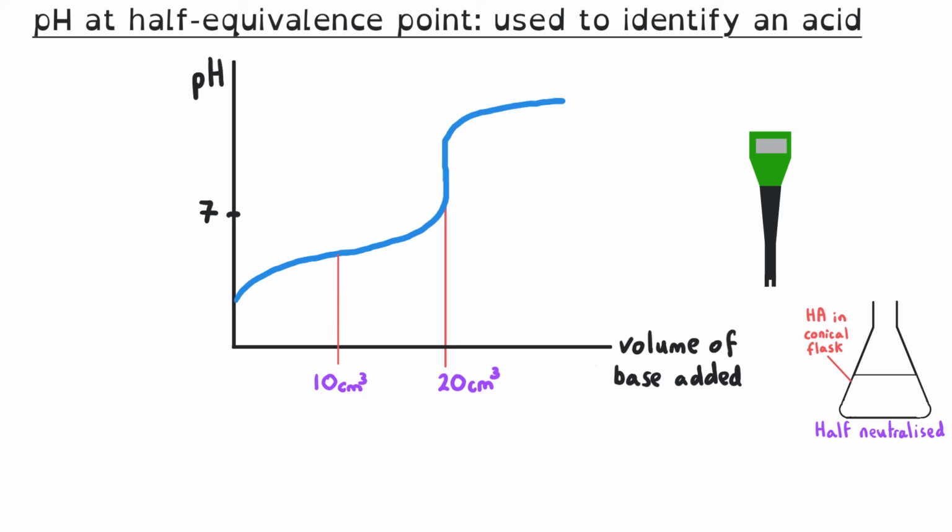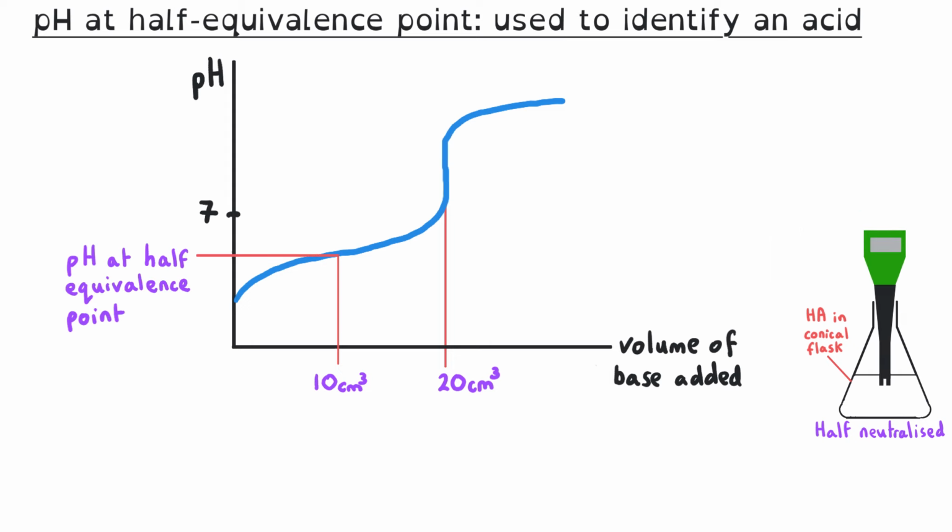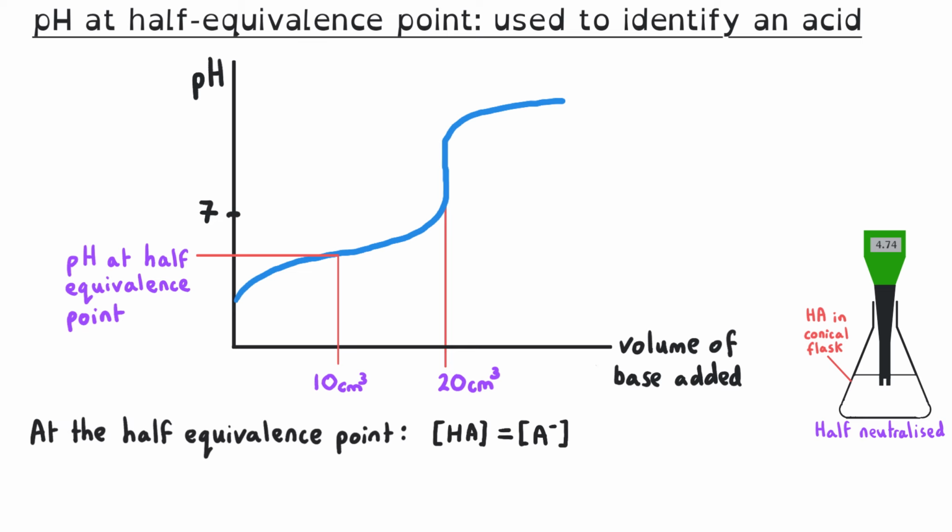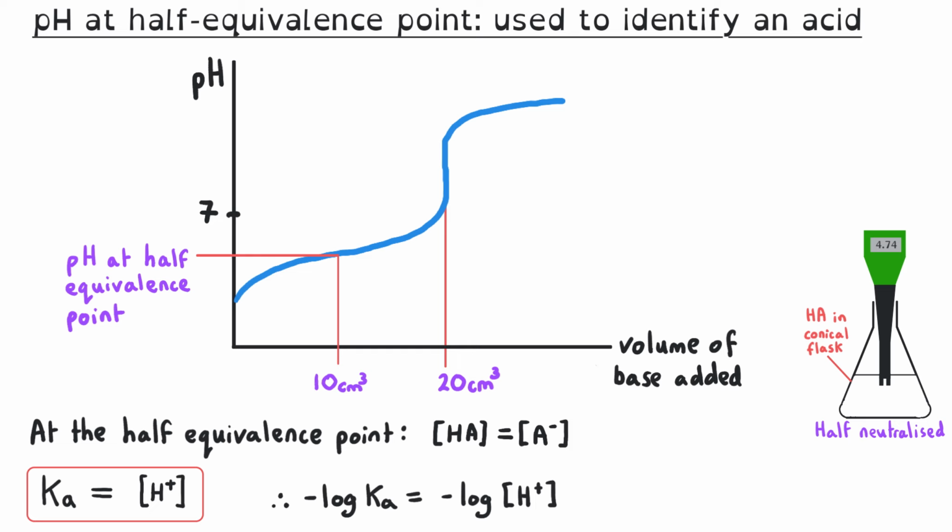And then at this point you would use a pH probe, or you might call it a pH meter, to measure the pH at the half equivalence point. And at this point, since the concentration of unreacted acid is precisely equal to the concentration of base that has been produced, Ka is equal to the hydrogen ion concentration. And so if we take negative logs of each of these terms, we get negative log of Ka equals negative log of the hydrogen ion concentration.